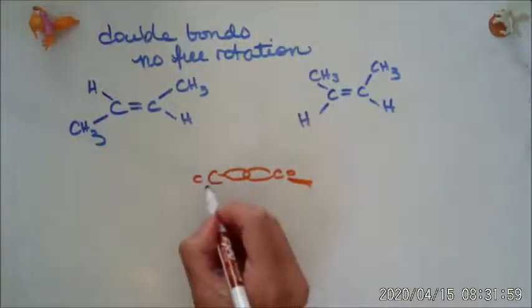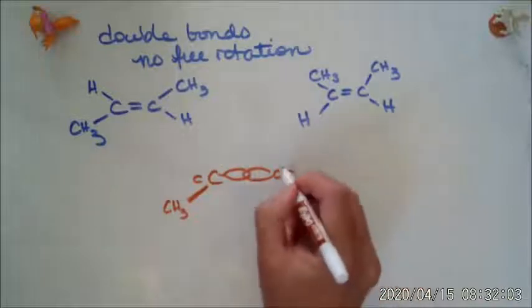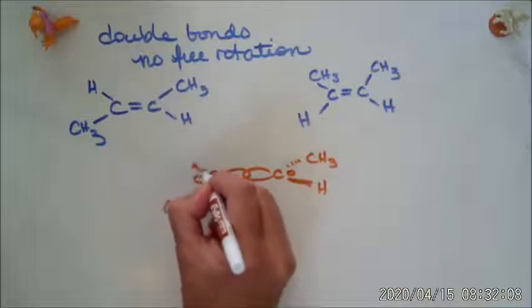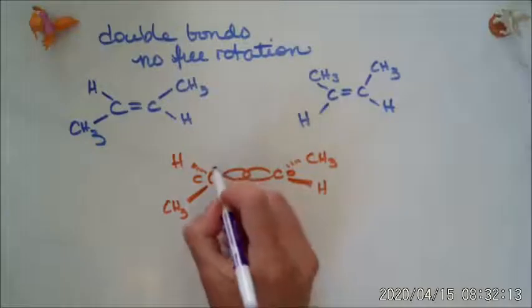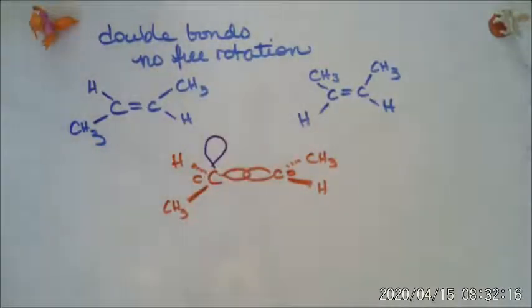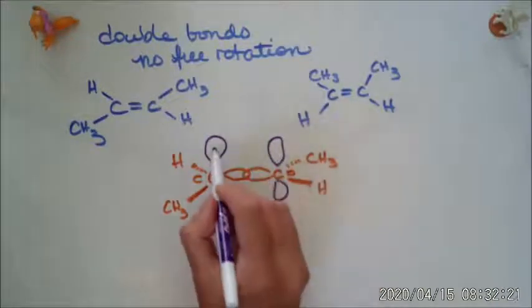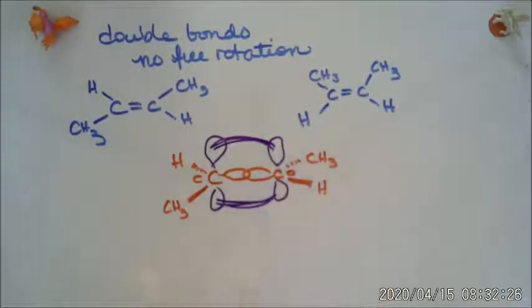So this one stays out, hydrogen is out, going back, CH3, going back, H. If you draw your pi bond, since I have to have these overlap, then to rotate, what would happen is I would get something like this.